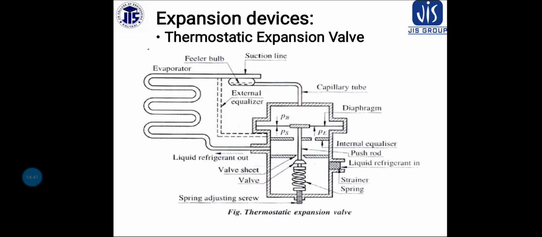By the help of that, the thermostatic expansion valve is working. You can see the pressure in the evaporator is P1 or PS, the bulb pressure is PB, and the spring pressure is P2 or PE.